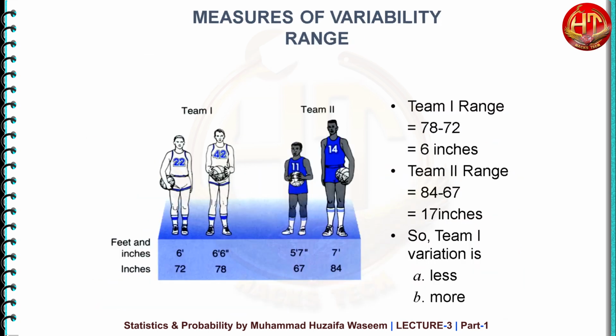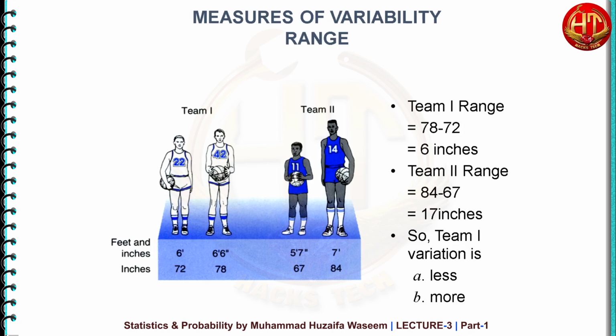Team 1's range is equal to 6 inches and team 2's range is equal to 17 inches. So team 1 variation is less and team 2 variation is more. It means that team 1 variation is less as compared to team 2. Team 2 has more variation.